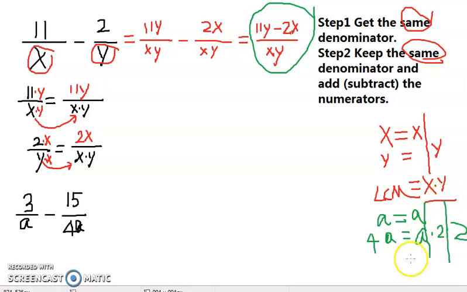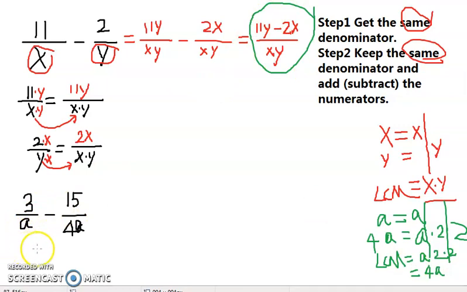Then we're going to multiply those to get the LCM. As you can see, bring down one number or letter from each column. So we have a times 2 times 2. And that is still going to give us 4a, because 2 times 2 is 4. So we got a4, but a4 is the same as 4a.